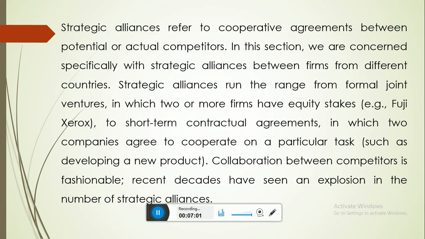So there are agreements. We all know there are different types. Everything needs to be very clear in the agreement. If you are working with a company in another part of the world, it's very important for you to write a very proper agreement: what you are doing, the terms and conditions, why you are working together, and the duration. Everything needs to be written there for a specific purpose.